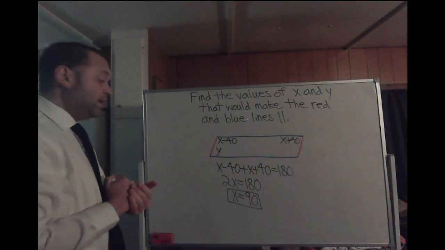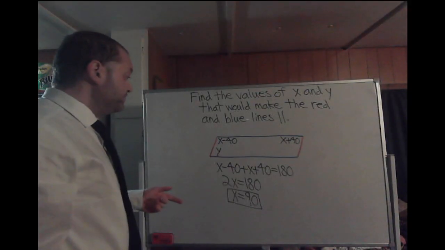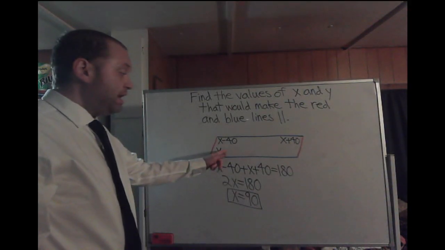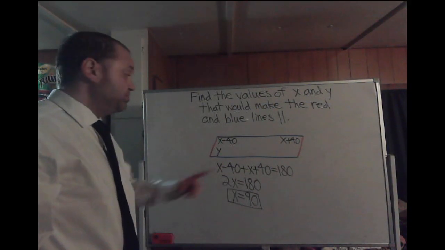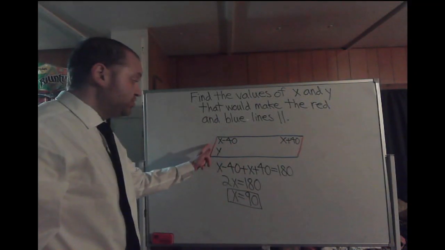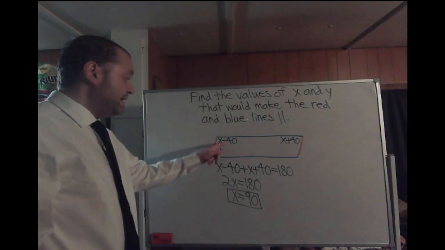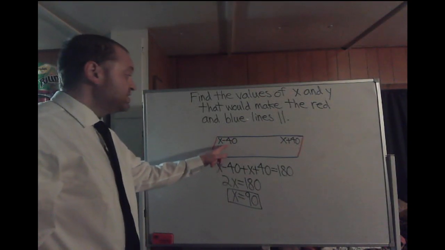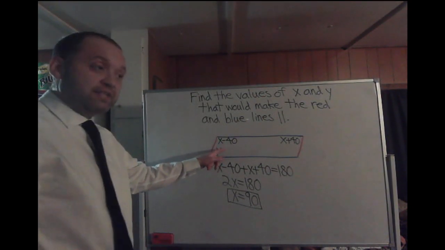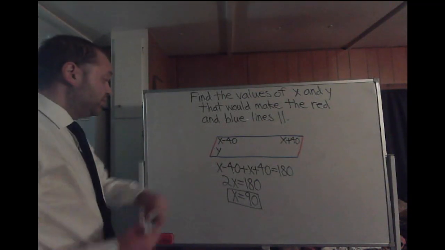Now we need to figure out y. Well, now to figure out y, we want to operate under the assumption that these two blue lines are parallel to each other and the red line's the transversal, which would have to mean that x minus 40 and y are same side interior angles and supplementary, which means they're going to add to 180.